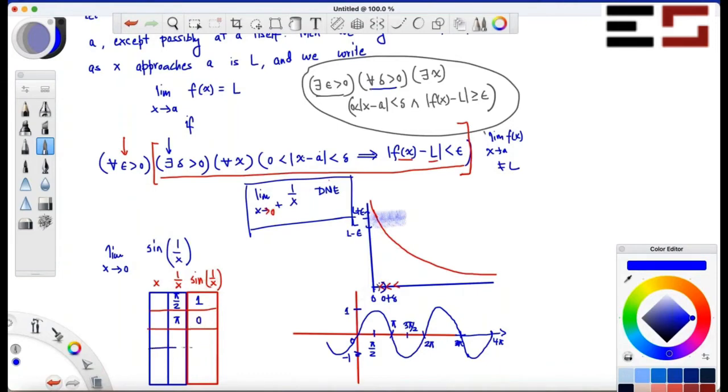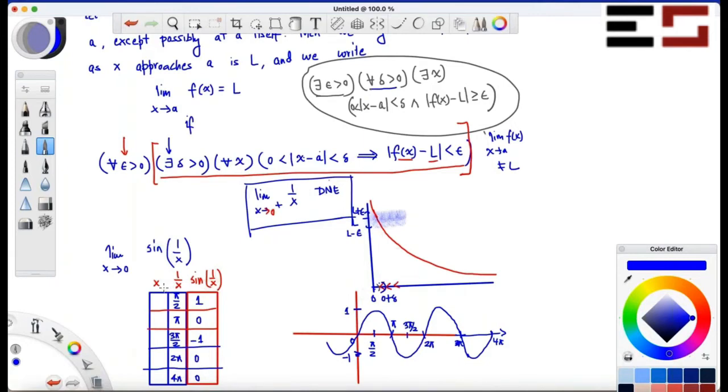When 1 by x is 3 pi by 2, then sine is -1. And when 1 by x is 2 pi, then sine 1 by x is 0. And so on and so forth. At 4 pi again it will be 0, and at 6 pi again it will be 0. So again it's just going to be like that.